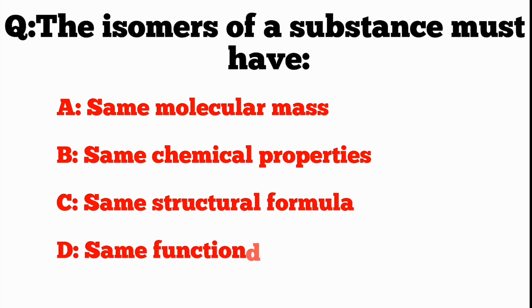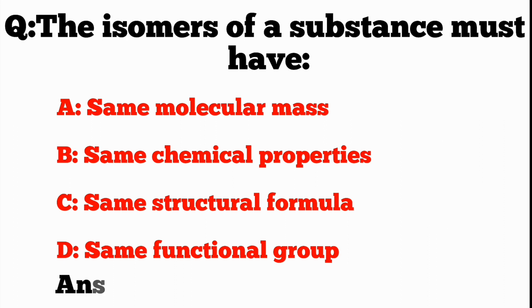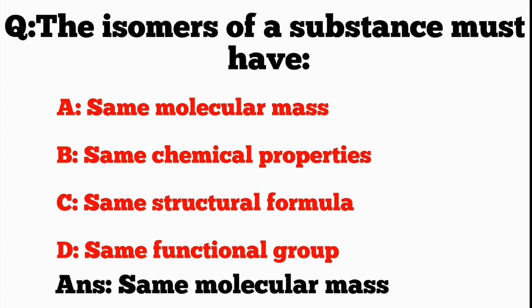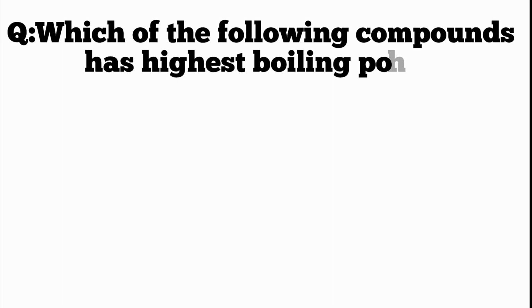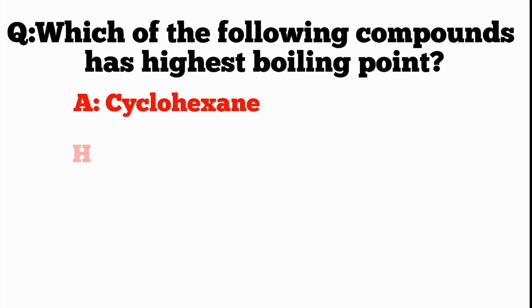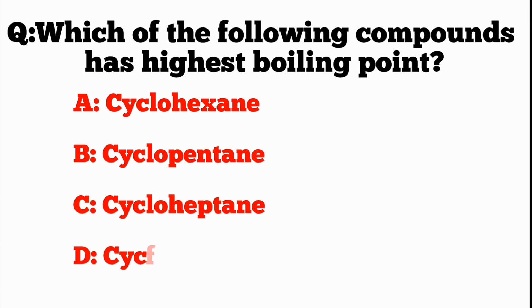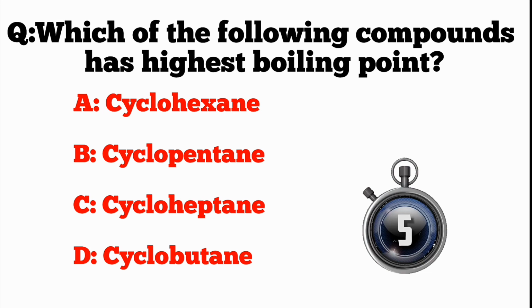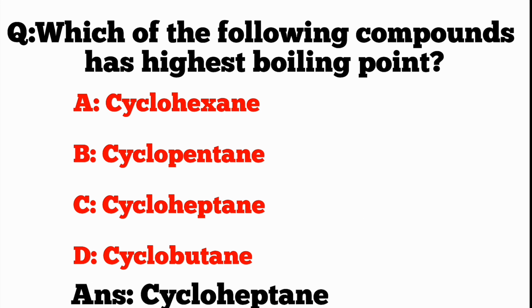D. Same functional group. Ans. Same molecular mass. Q. Which of the following compounds has highest boiling point? A. Cyclohexane. B. Cyclopentane. C. Cycloheptane. D. Cyclobutane. Ans. Cycloheptane.